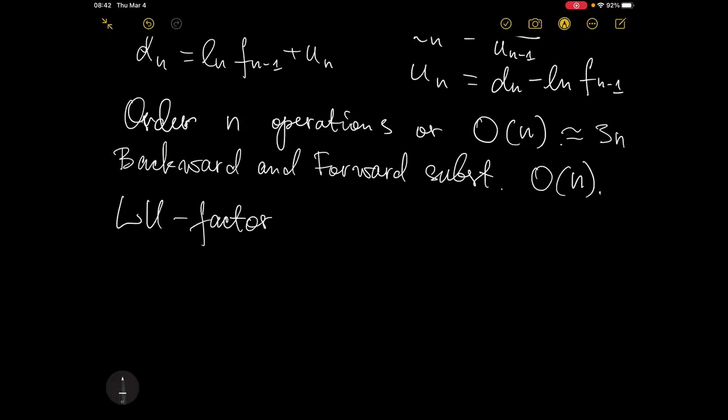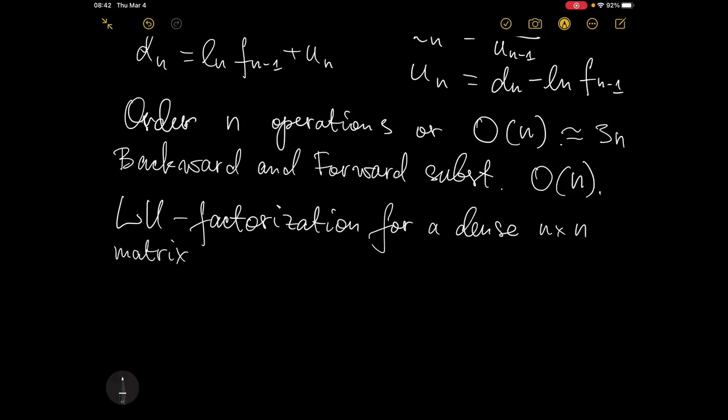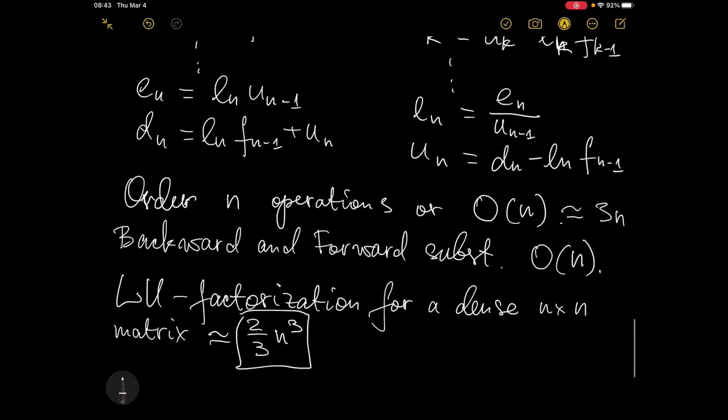Two-thirds n cubed. Here, you can see that in order to perform LU factorization, you need approximately 3n operations. So the difference is in this power, right?